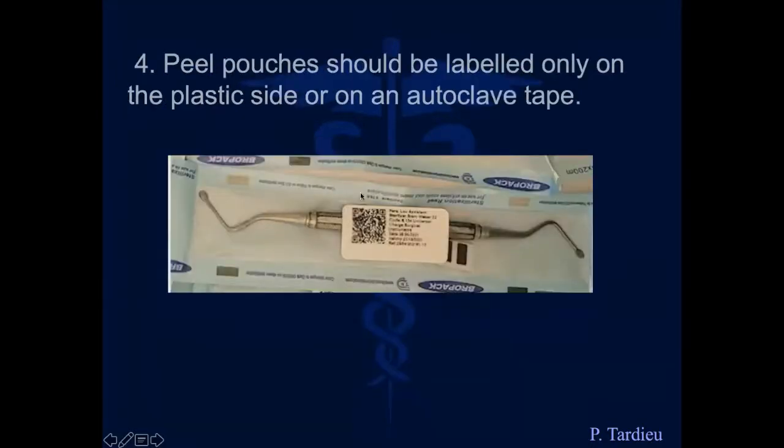The pouches should be labeled only on the plastic side or on an autoclave tape. So we put the label on the plastic side, not on the back side. Doing that, we can avoid making mistakes. What was the main mistake?